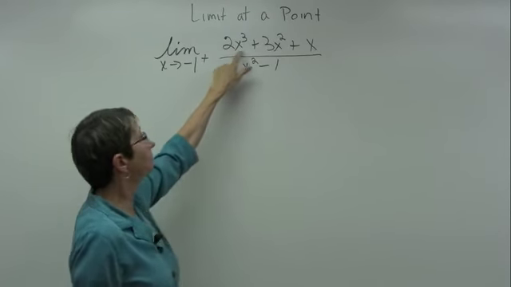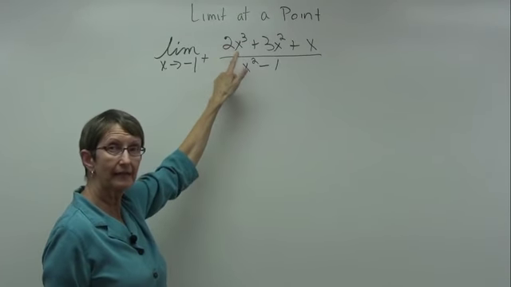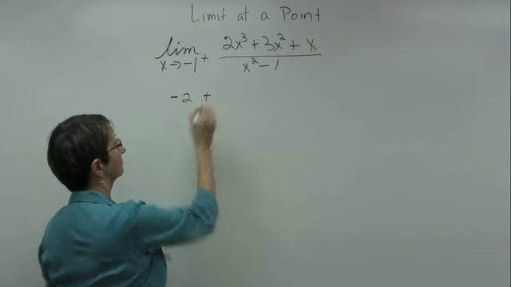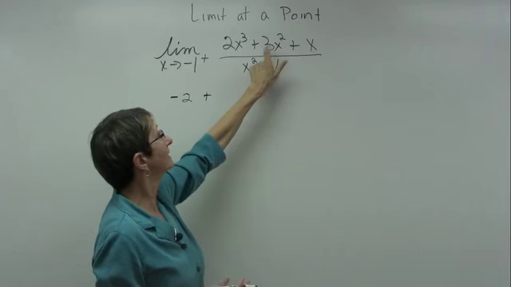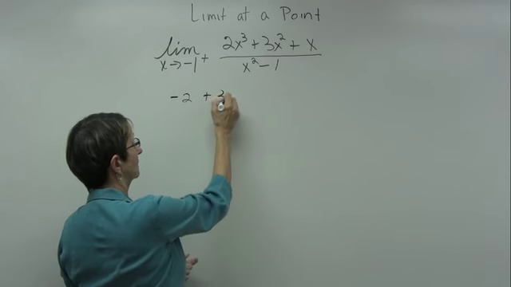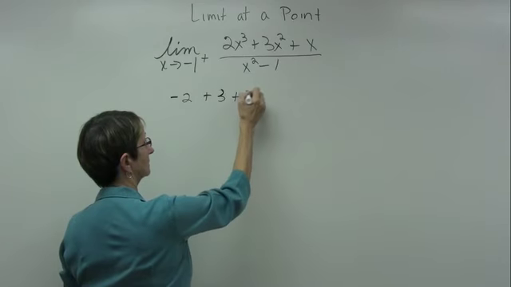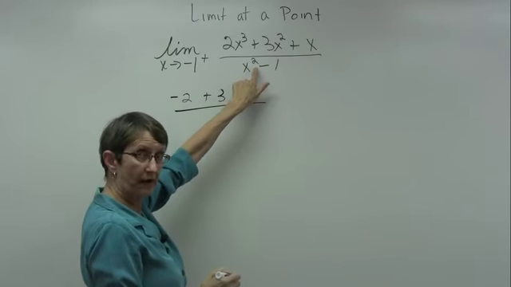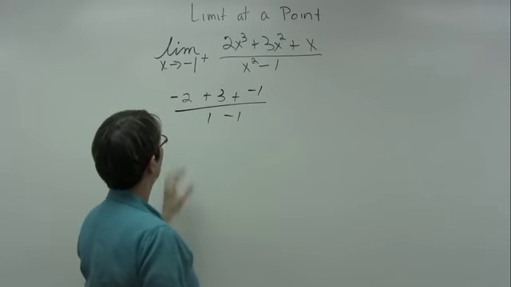If I plug -1 in for x, -1 to the third is -1, times 2 gives me -2, plus -1 squared is 1, times 3 is 3, plus x, which is -1, over -1 squared is 1, minus 1.